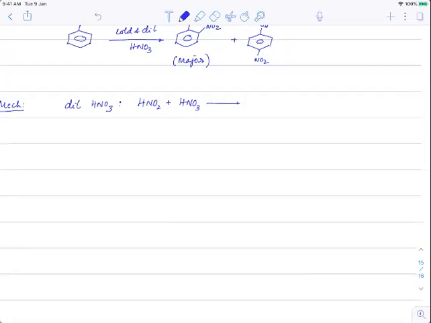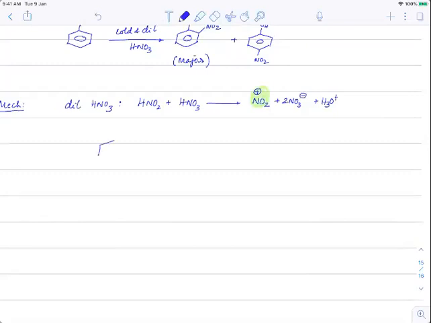And these two will interact with each other, forming NO2 plus, NO3 minus and H3O plus. That is how this electrophile has been generated. Got it? So this is NO2, sorry, NO2 plus. Yeah. So that's how we got NO2 plus. So beta.